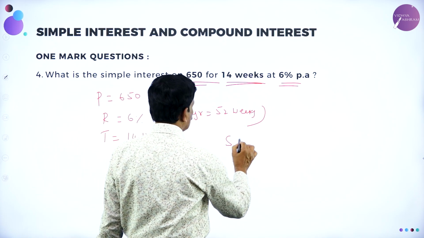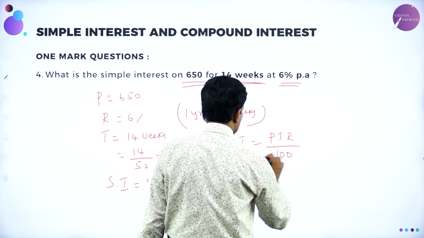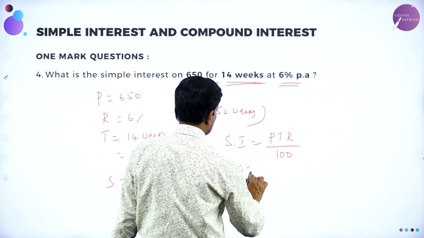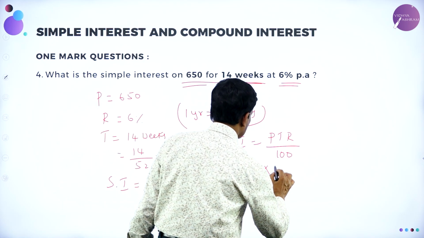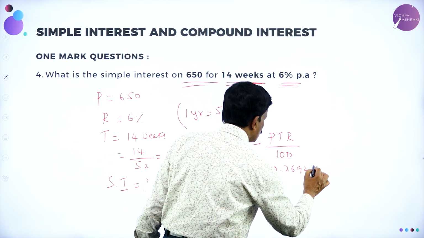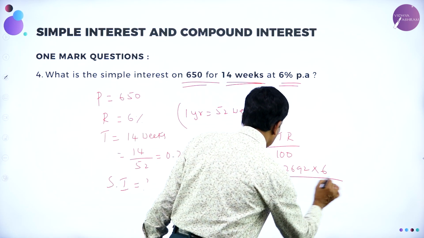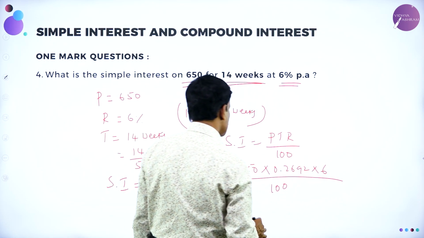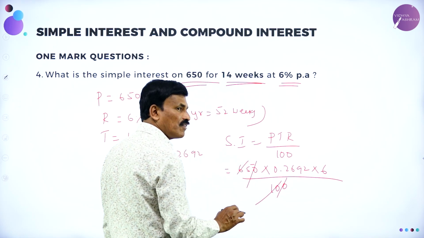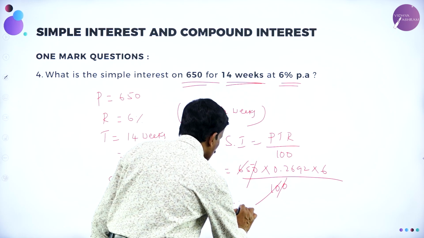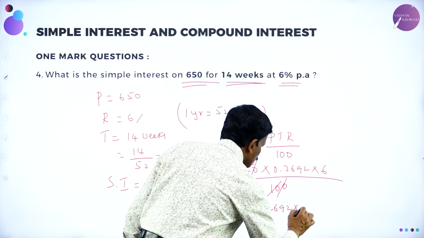Now, what is required to find is the simple interest. Simple interest is equal to PTR over 100. Principal is 650 into the time is 0.2692 years into the rate of interest is 6 divided by 100. Now, the zeros get cancelled. 10 into 65 divided by 10 is 6.5. 6.5 into 0.2692 into 6.